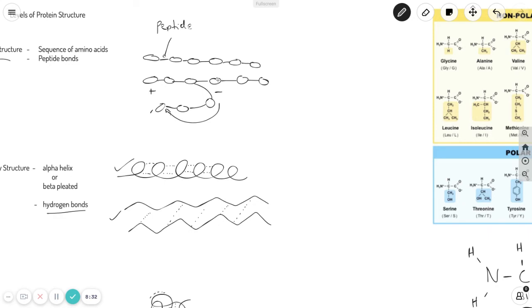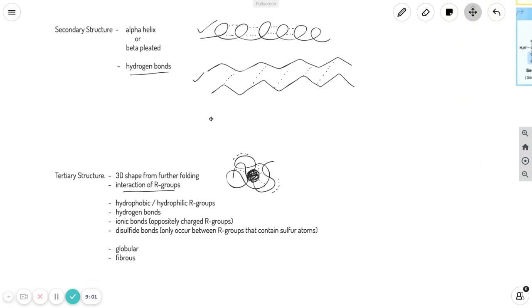I'm not drawing that very well, but the negatives and the positives are attracting. And you can imagine if these two here, if that was negative and that was negative, they're going to be repelled from each other. They're going to move away from each other. So these different interactions are based on their properties. So that's the ionic.